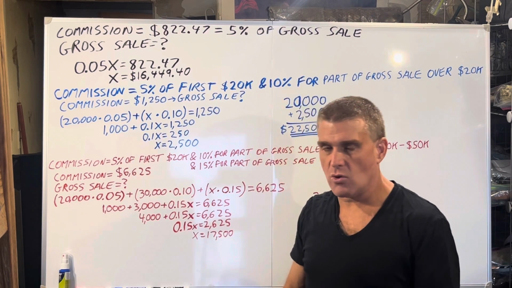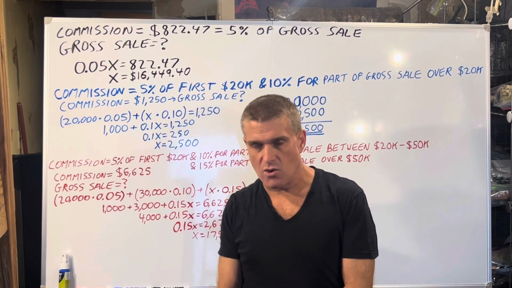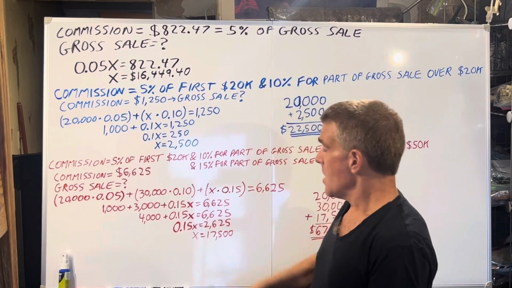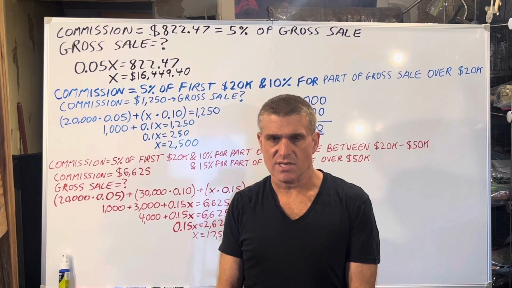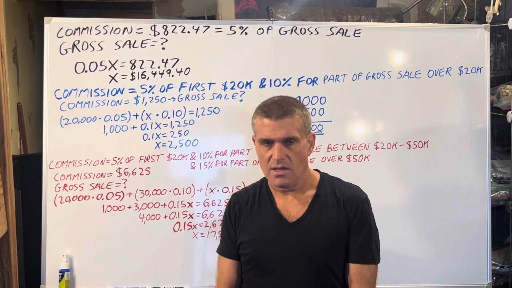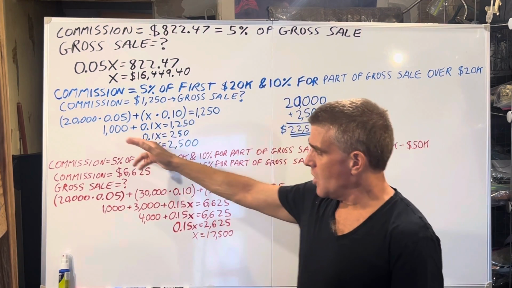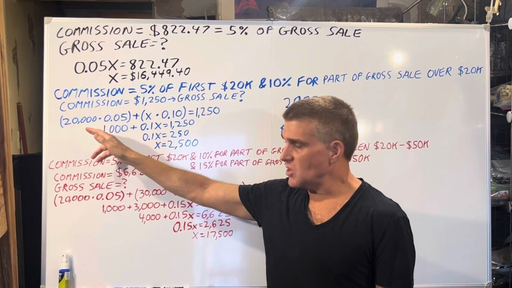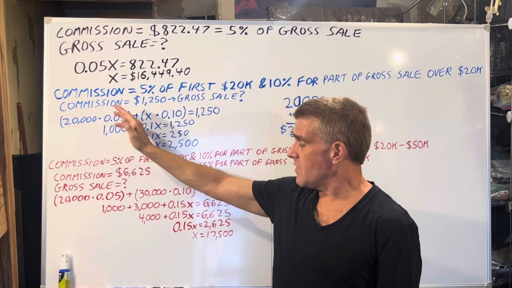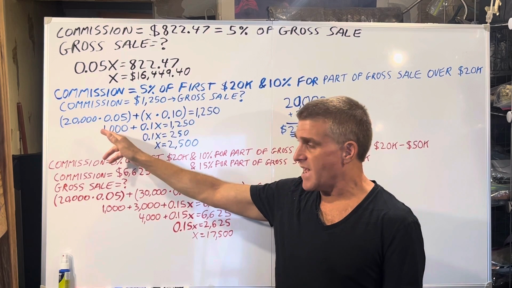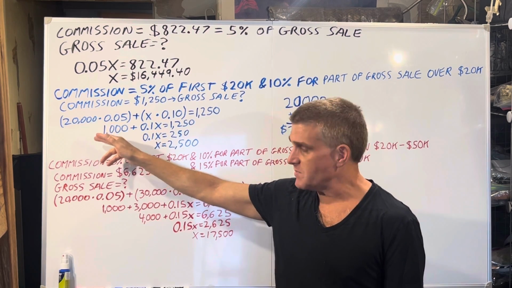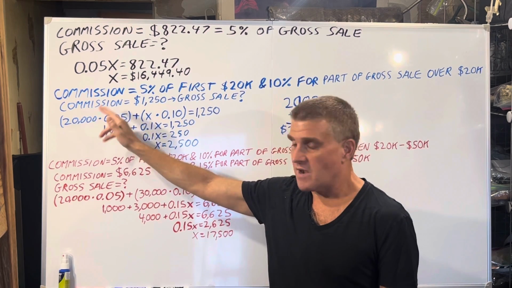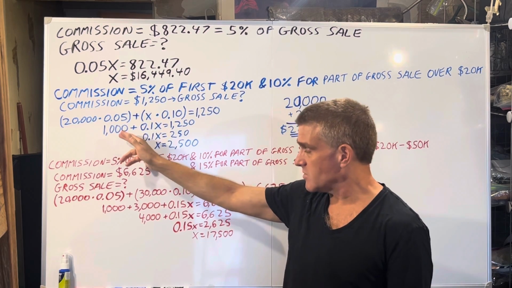So we will create an algebraic equation to solve this. X will be how much above $20,000 was the sale. And so we know that as part of the equation, we have to include the $1,000 that is always received once the sale hits $20,000, because 5% of 20,000 is 1,000.